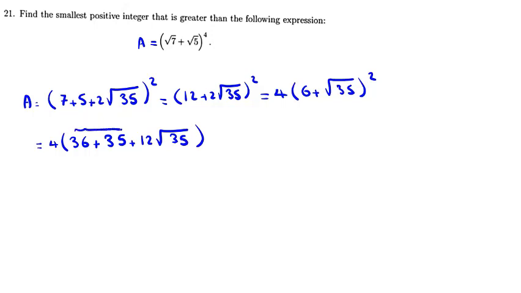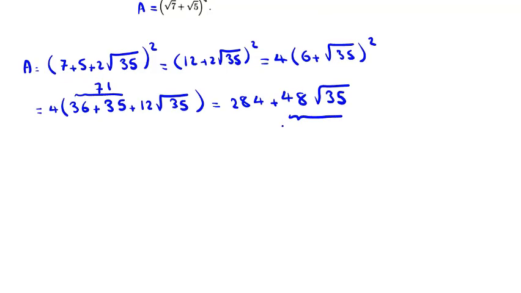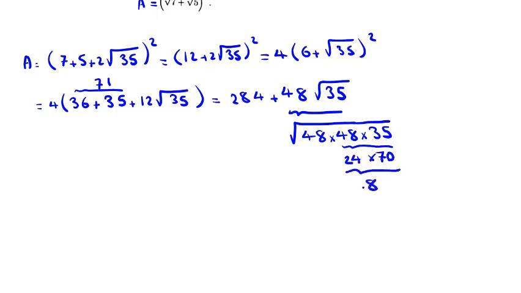And if I add these two numbers, 71, then we have 284 plus 48 root 35. Now, if I want to solve this number, we should focus on this part because the rest is an integer, it's obvious. So it will be 48, take it inside the square root, 35. And then you can say, okay, it is 24 times 2 times 35, which is 70.